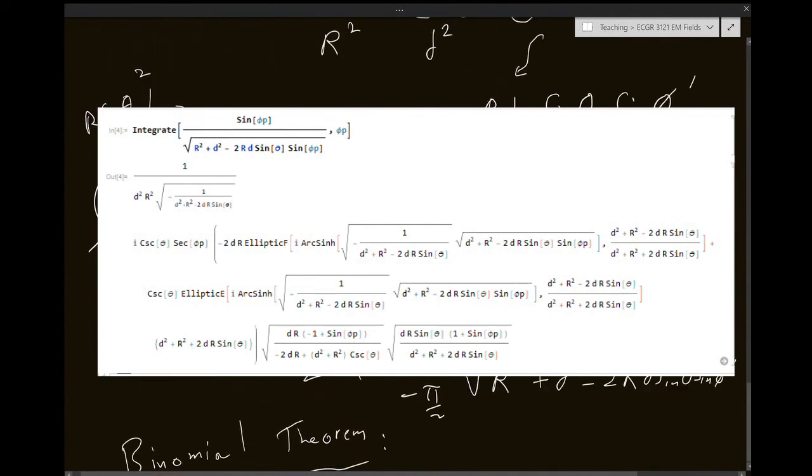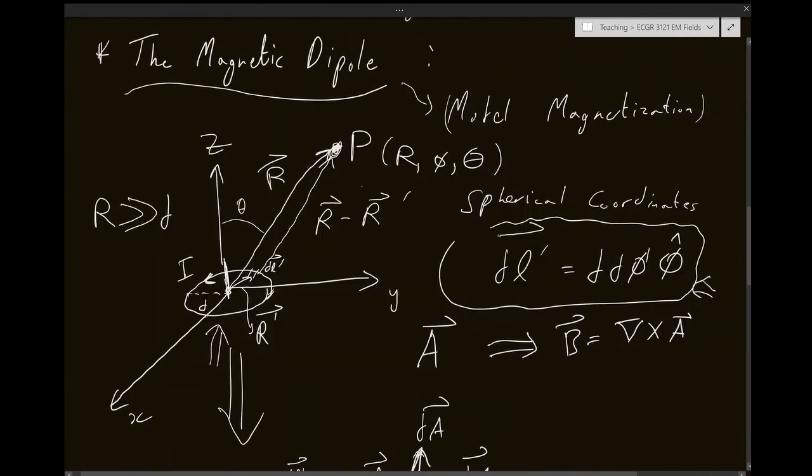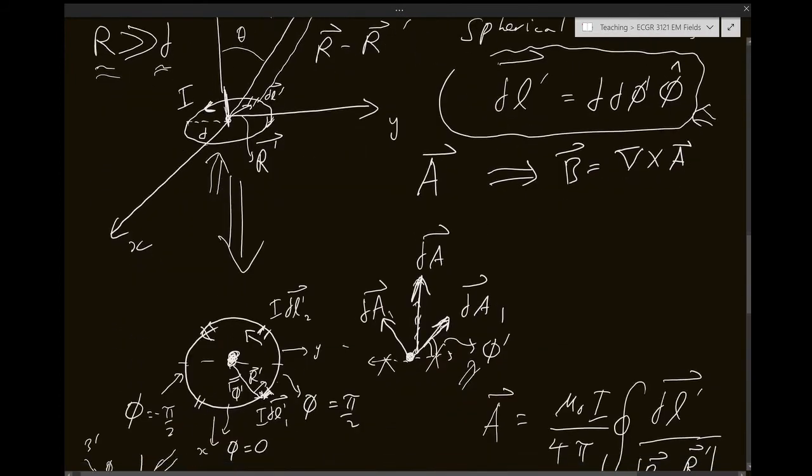All we care about, as we said, is the field at some point far away from the loop, such that the internals of the loop don't matter anymore. We just want the net field at a large distance from the loop. That's where the simplification comes from, r being much larger than d.